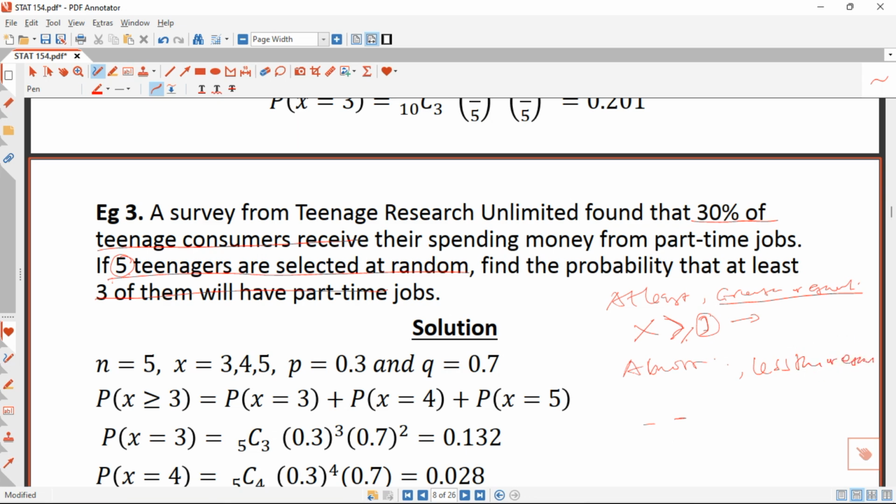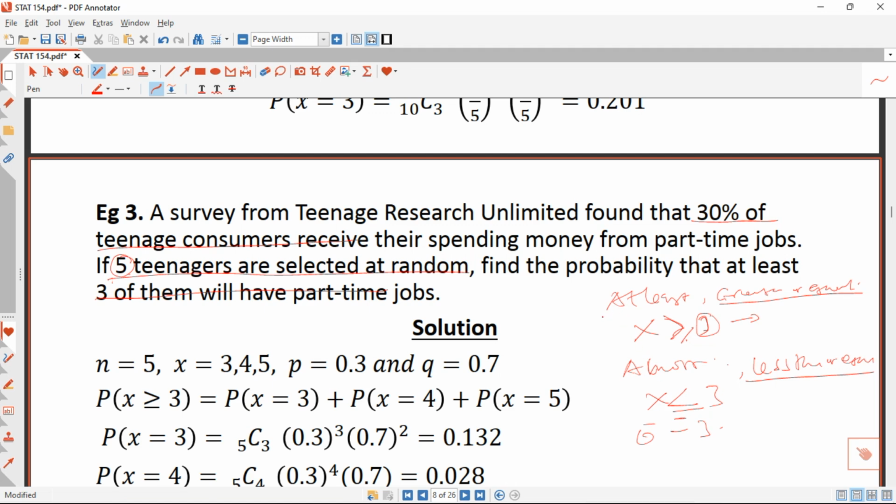At most is less than or equal to. So if in this question we find the probability that at most 3 of them will have part-time jobs, x will be less than or equal to 3. So we are going to start from 0 up to 3.